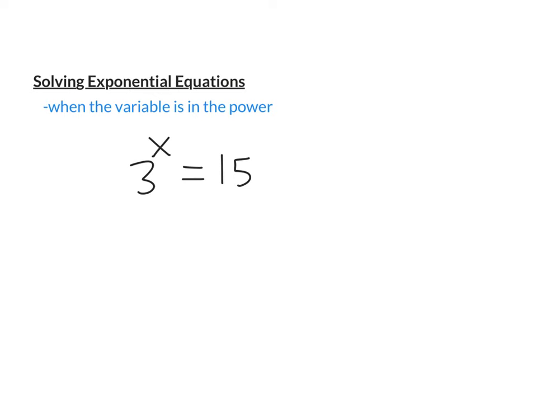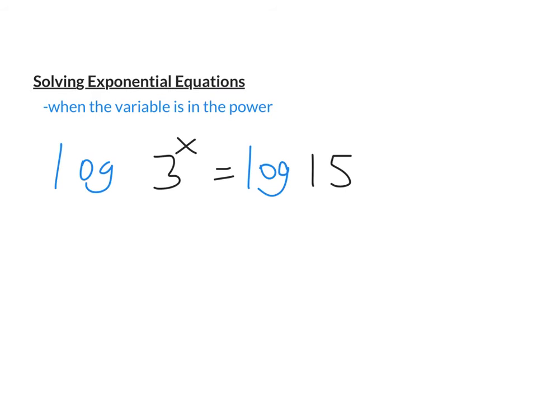So what we do is we take the log of both sides, which you can do. Whenever you have an equation, you can take the log of both sides. Okay? And notice I didn't write the base, because when we don't write the base, it's just understood that the base is 10. Okay?